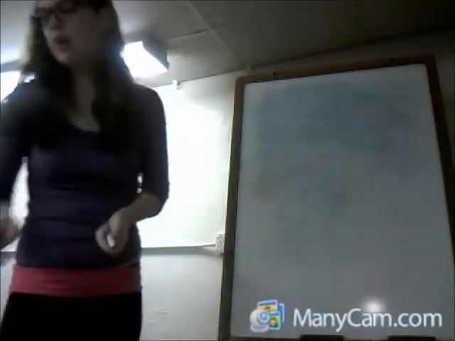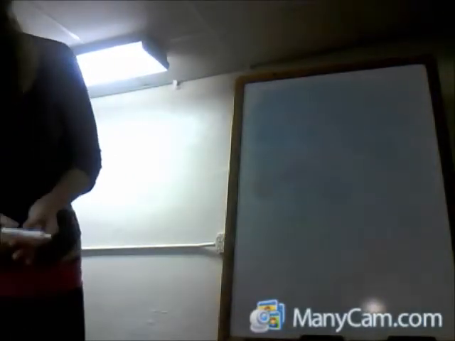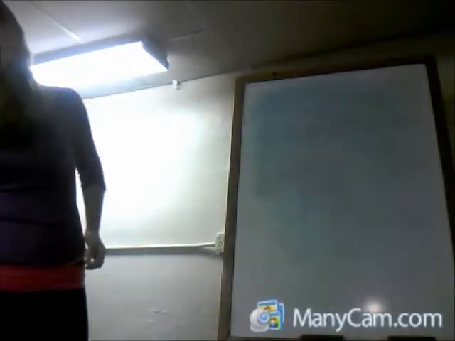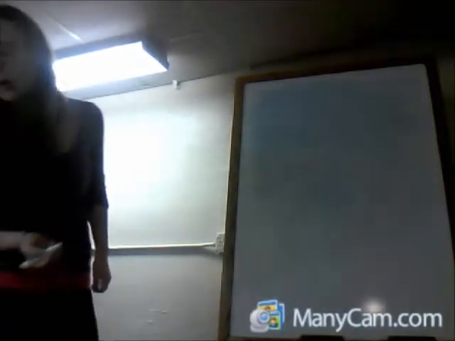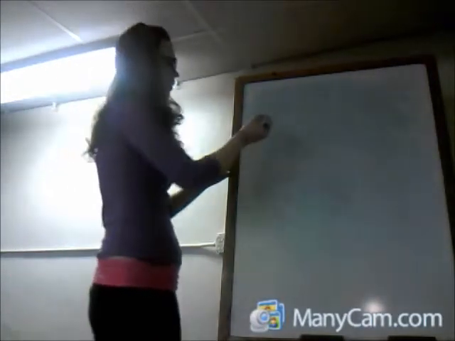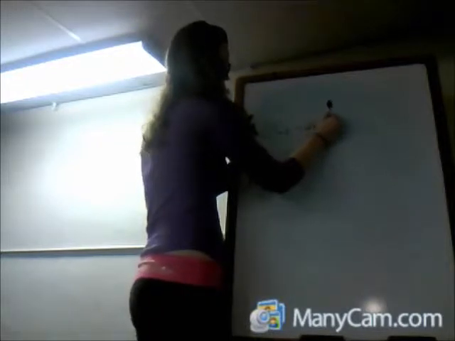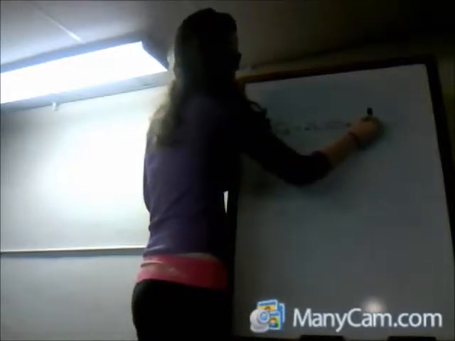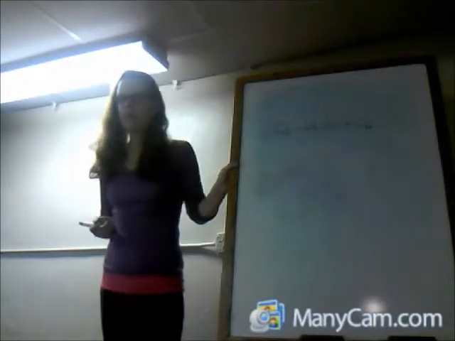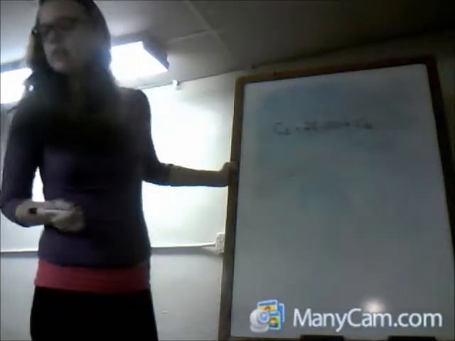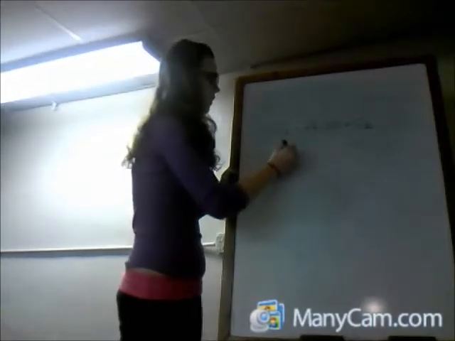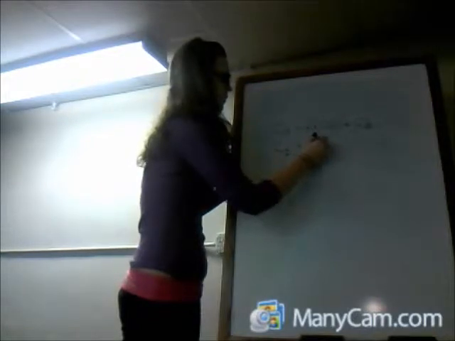We look and we say, okay, so candidate 1 received 28,000 more votes than candidate 2. Right? And then the second thing that we know is candidate 1 votes plus candidate 2 votes equals 2.8 million.